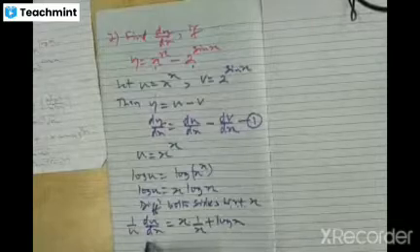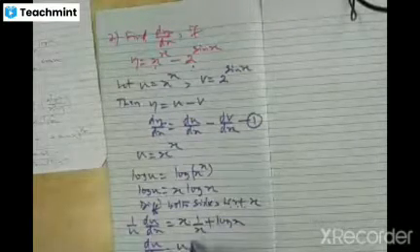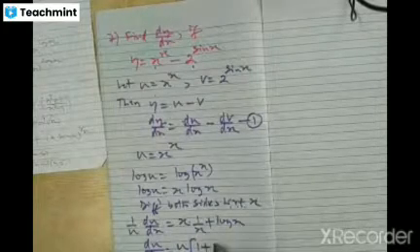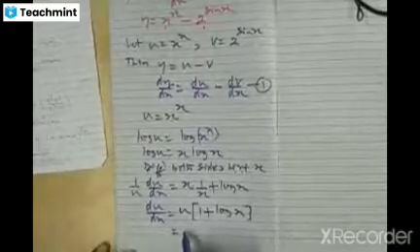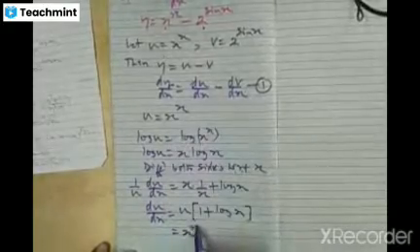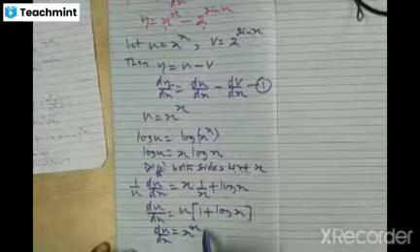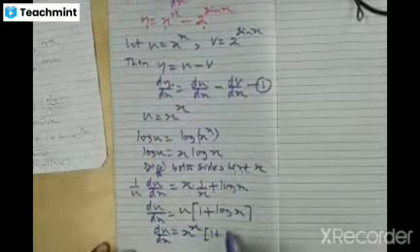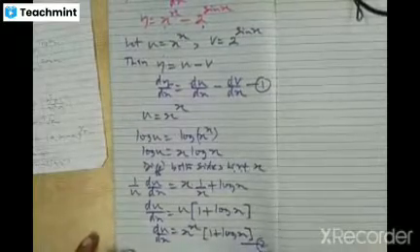Simplify this further. So du by dx is equal to u into x by x, which is 1, plus log x. But what is u? u is x power x. So du by dx is equal to x power x into 1 plus log x. Take this as equation 2.